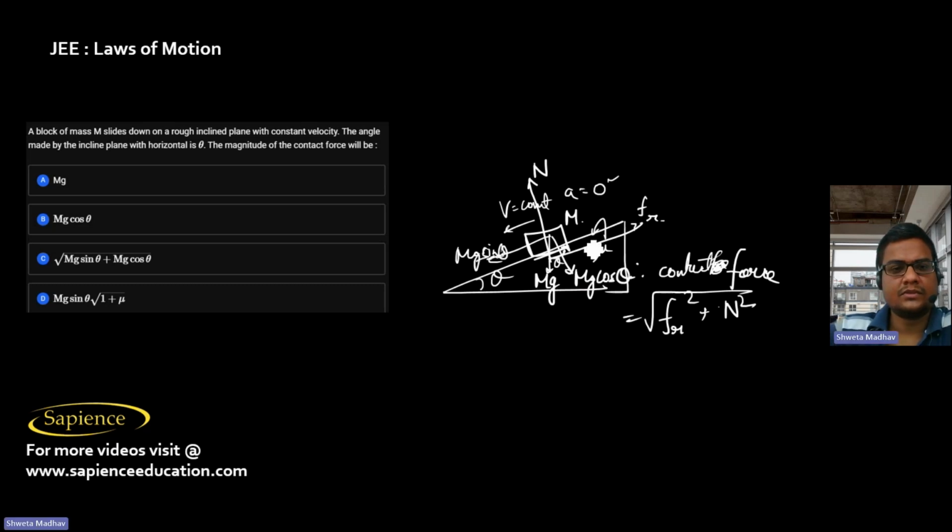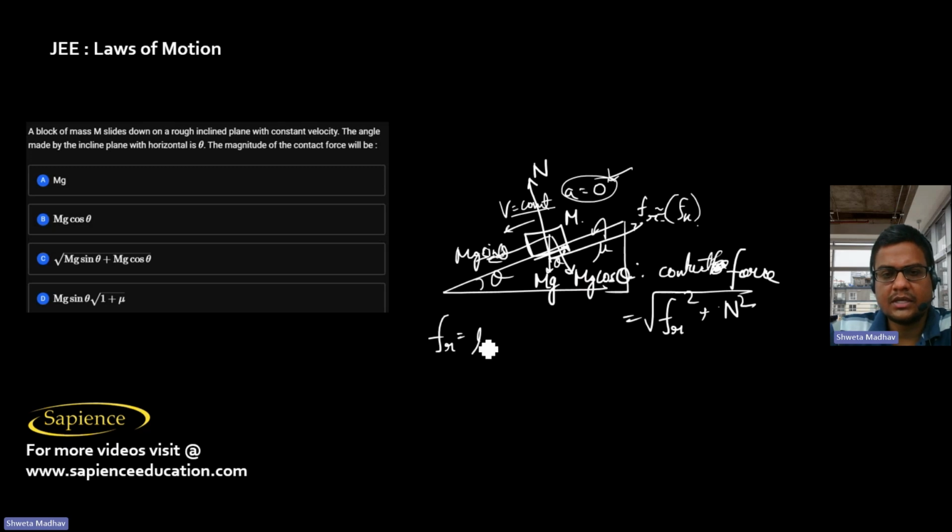Now acceleration is zero only. So it means the upward force, which is the frictional force, is equal to mg sin theta, and it is moving with a constant velocity only. So it means here kinetic friction Fk is acting.